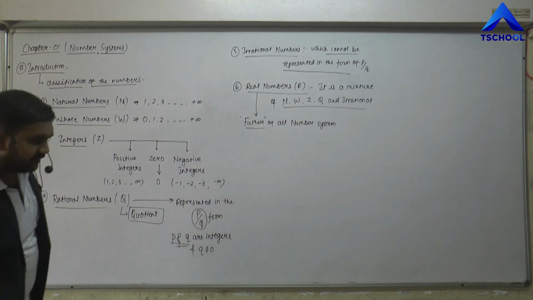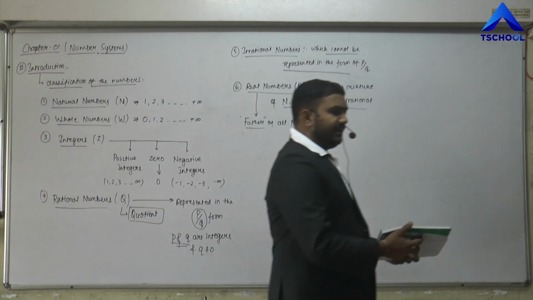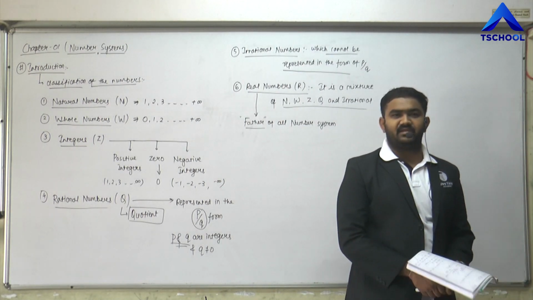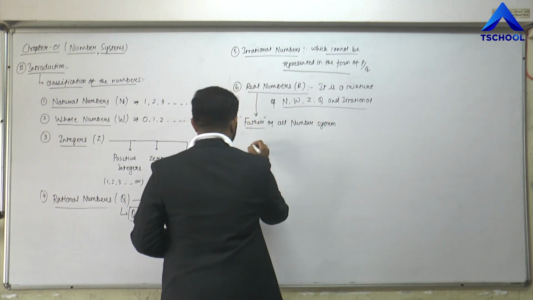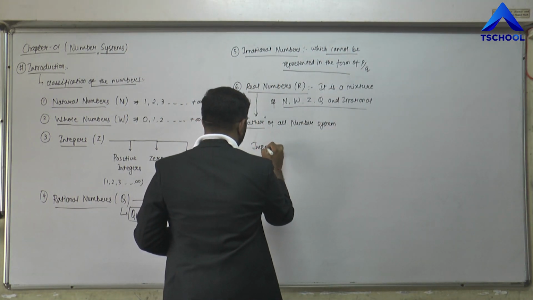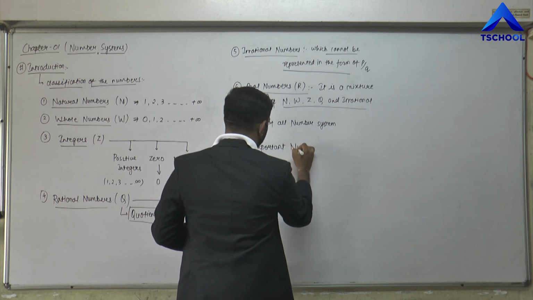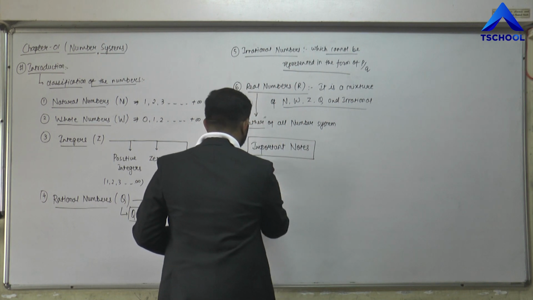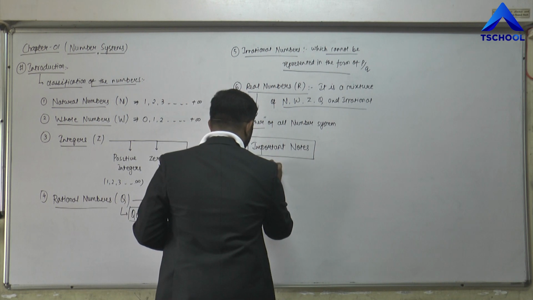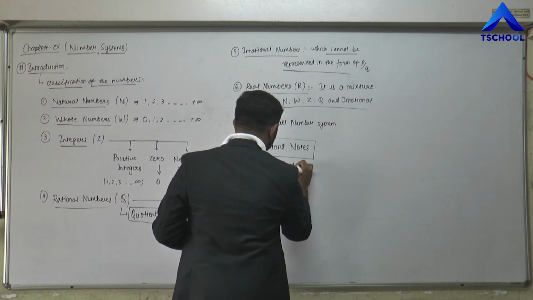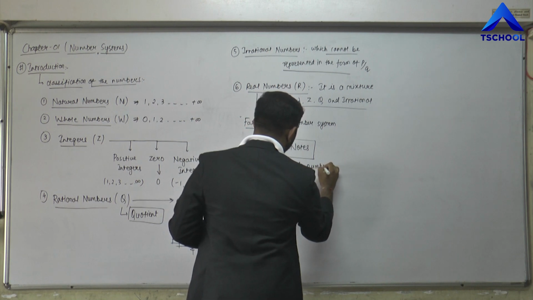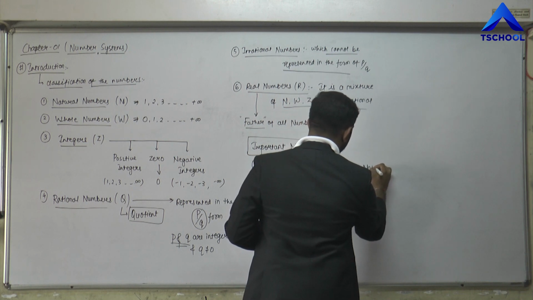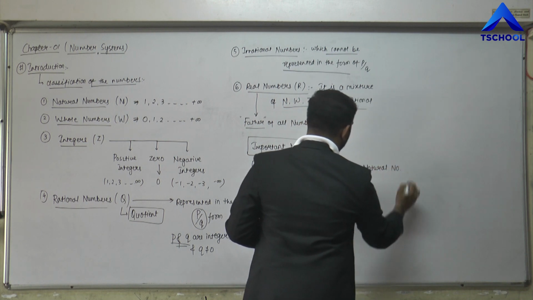Okay, now after taking a look at the classification of the numbers, we shall come to 2 or 3 conclusions from this. Please note down these important notes. Every whole number is not a natural number.